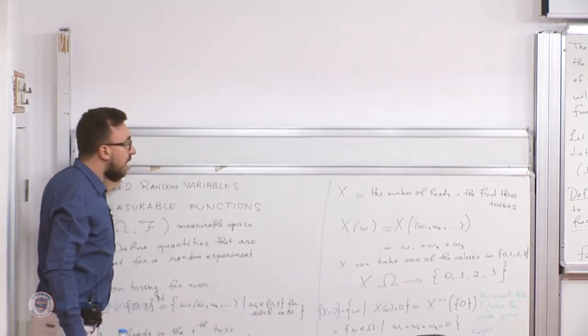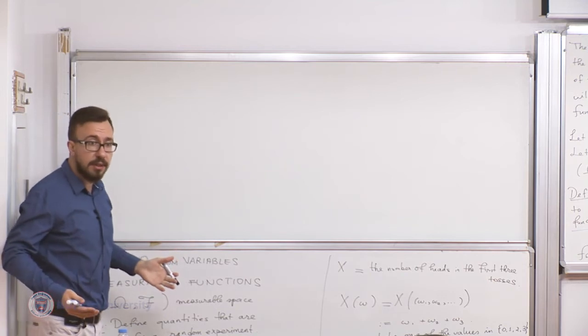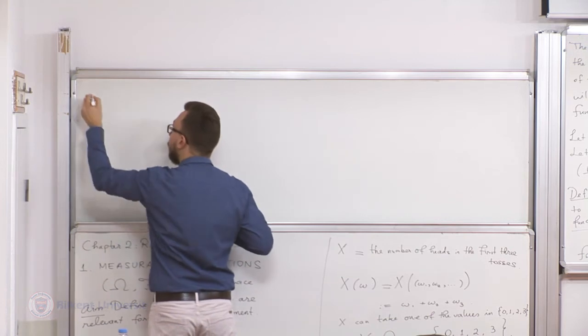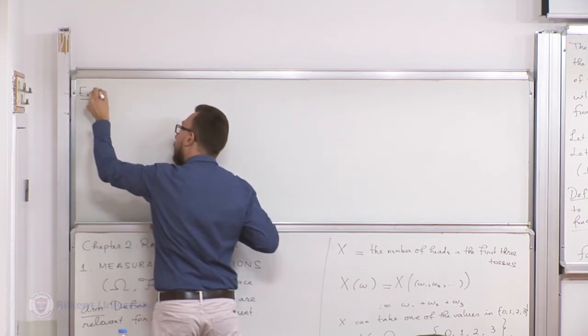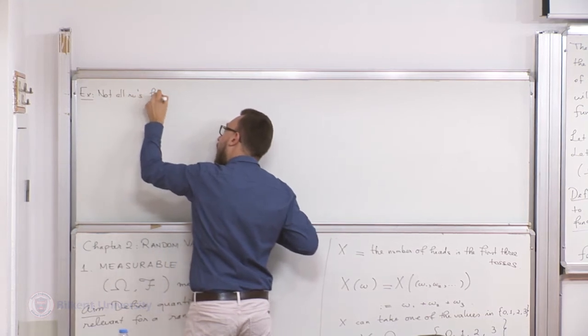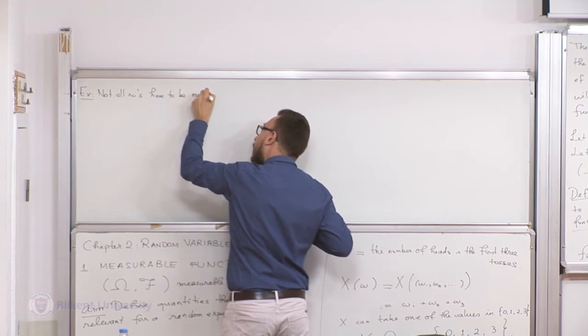Is there any case where we are interested in non-numerical random variables? Well, why not? Let's give an example. So, not all random variables have to be numerical.